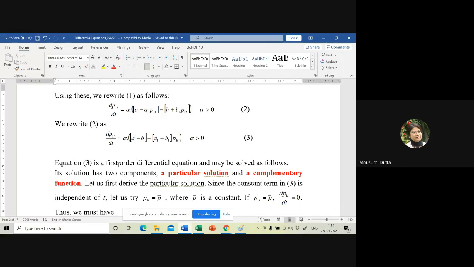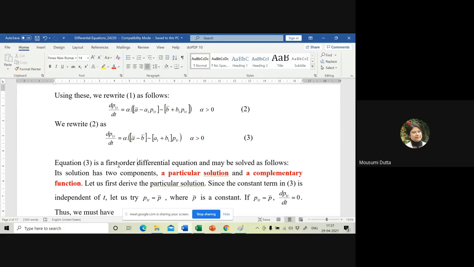Now to solve the differential equation, we have to find the particular integral as well as the complementary function. Process wise, there is no difference between difference and differential equations. However, here the price variable is continuous with respect to time, therefore the presentation is a bit different.